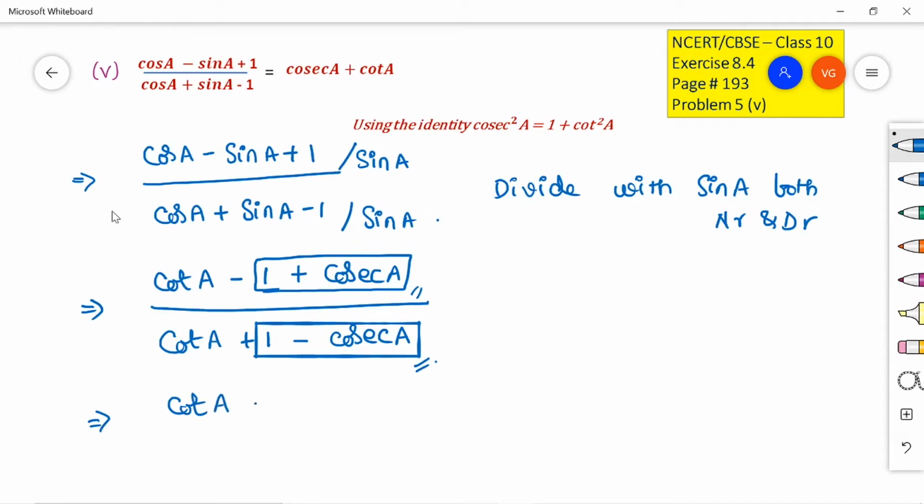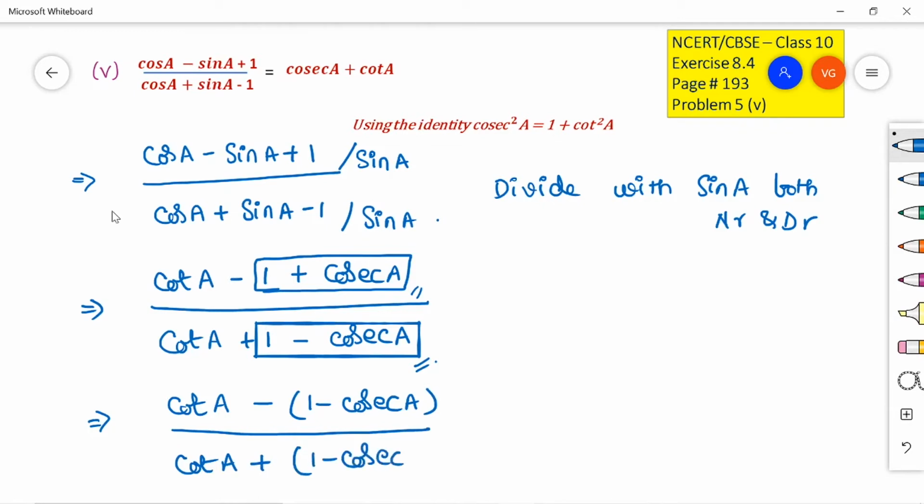Taking minus common, minus 1 and minus into minus gives plus cosecant A, divided by cot A plus 1 minus cosecant A. Now this is of the form A minus B divided by A plus B.